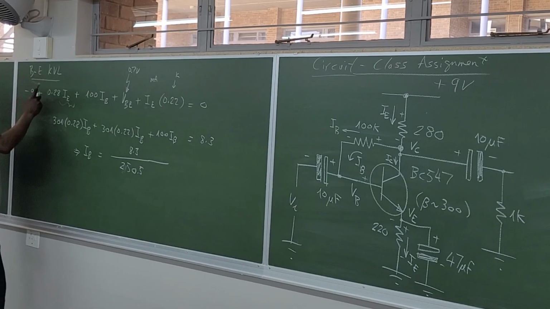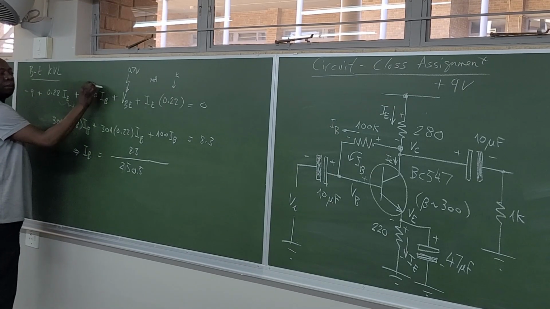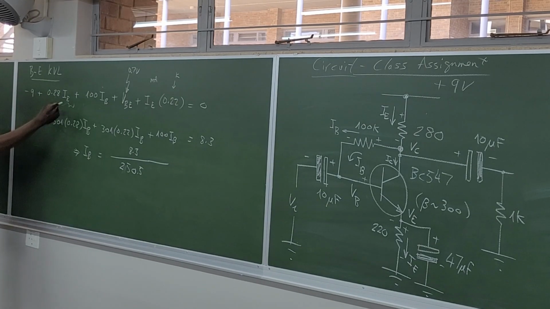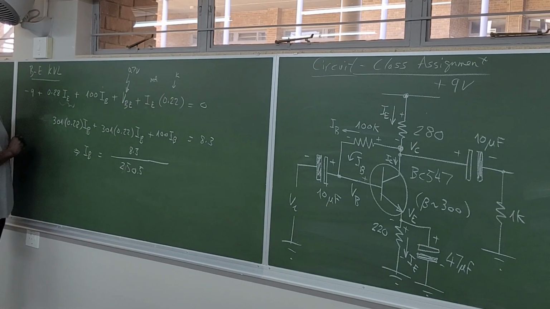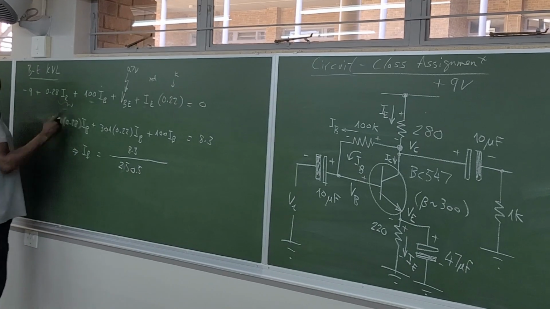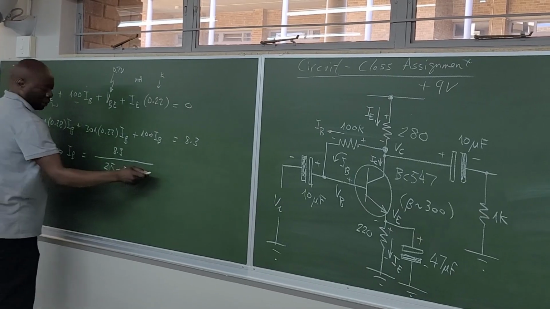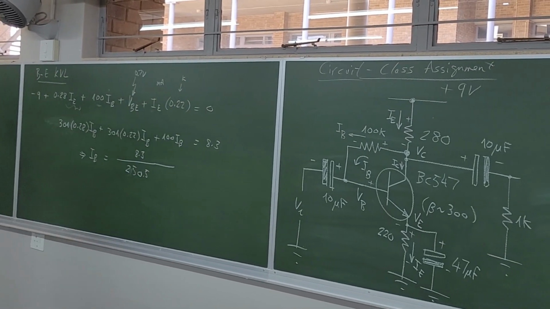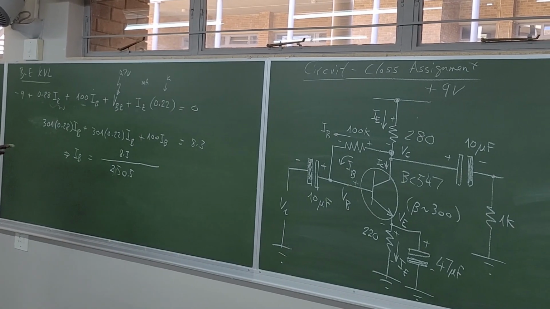And remember, here we have K with milli. So this current is going to be in milli. K again, so this is going to be milli. And it's about, mentally again, about 0.016, isn't it?